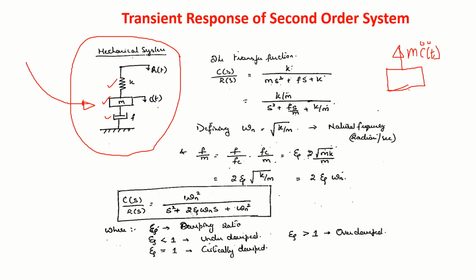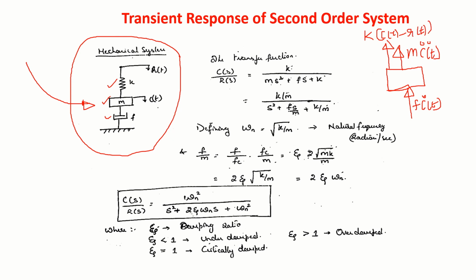Similarly, there is damping force opposing this, that is damping coefficient times velocity, correct? And there is an external force, okay, that is given by spring constant into C of t minus R of t. Okay.